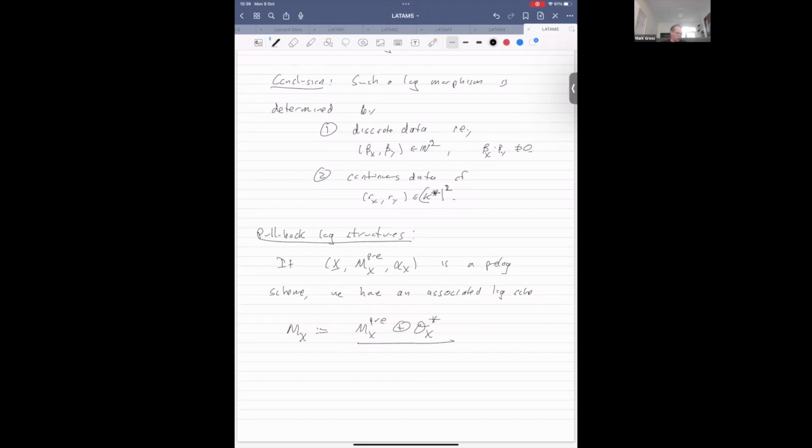So what you do is you divide out by essentially the submonoid consisting of pairs P, alpha x of P inverse, where P is an element of alpha x inverse OX star. So in other words, this identifies P with alpha x of P, provided that alpha x of P is actually invertible.